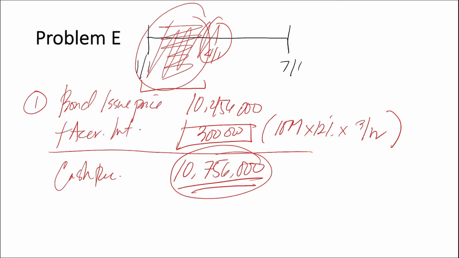Okay? Number 2, journal entry. Debit cash, 10,756,000.